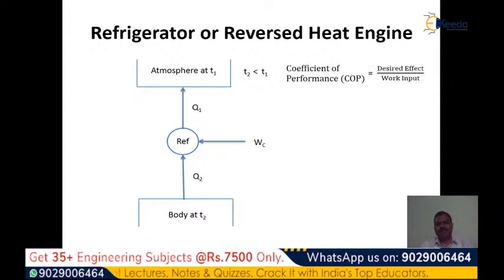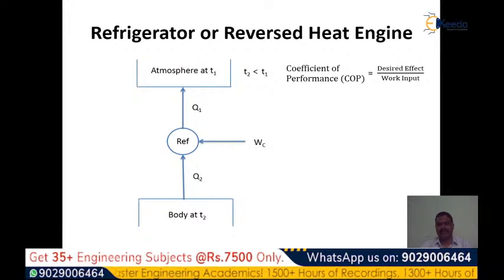So the performance of this refrigerator can be expressed using the term coefficient of performance, more popularly called COP of refrigerator. That is defined as desired effect divided by work input.